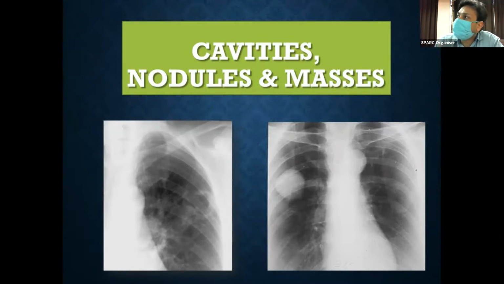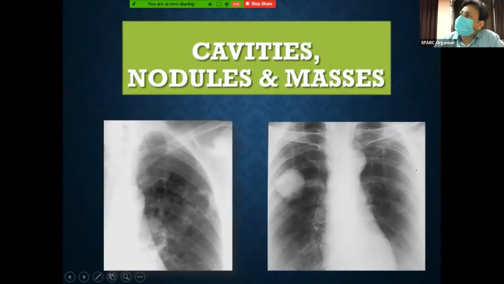The internal part of the opacity may liquefy, and you can cough out this material, and then it forms a cavity and only the wall is opaque. Like in this case, only the wall is opaque, the internal part has become lucent. So we have this abnormality also: cavity, nodule, and masses.